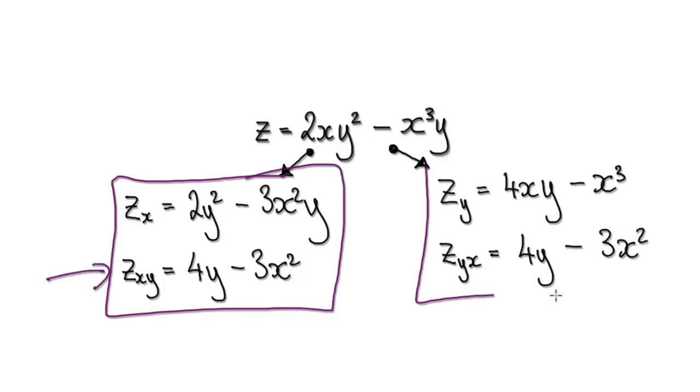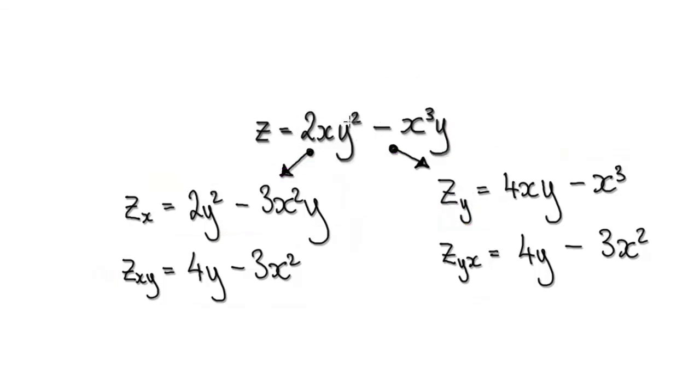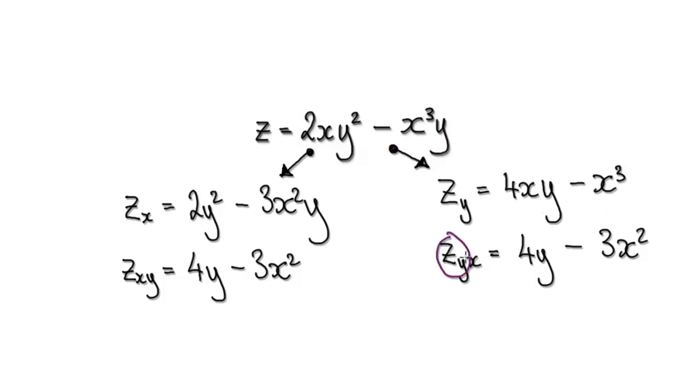Now let's look at this journey. Let's do it with respect to y first, as opposed to x. Looking at this, differentiate with respect to y. That will then give you this. And then we've done this already with respect to y. Now differentiate it again, but with respect to x.